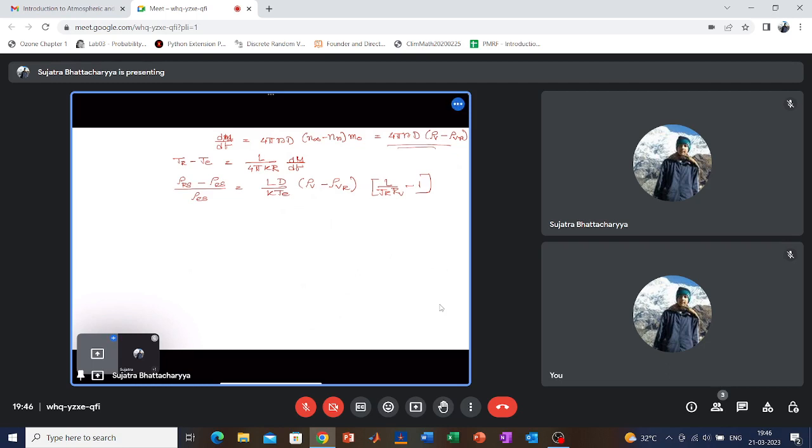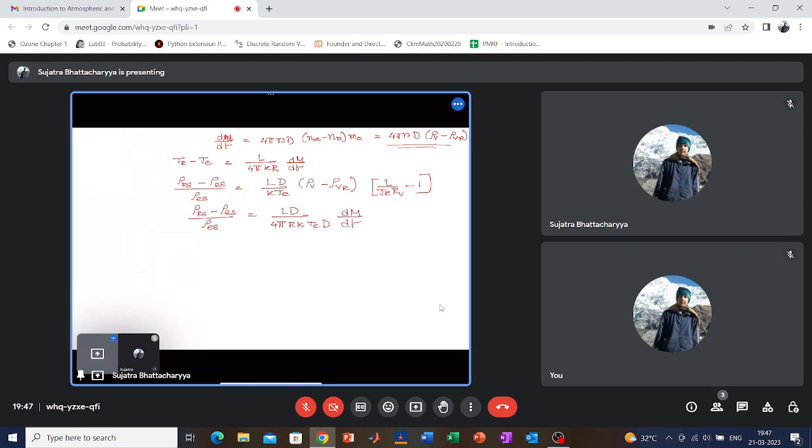Fine. Now we can also write in another way. So this is rho rs minus rho es divided by rho es. That will be equal to L D upon 4 pi r K, or you can write small r, whatever you want, Te D into dm dt.